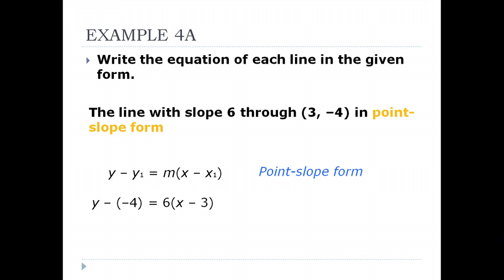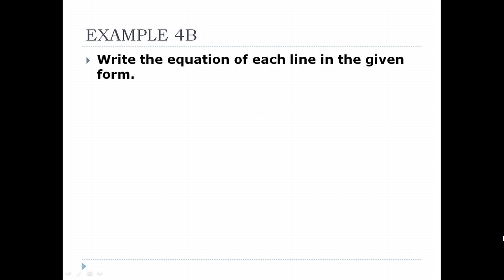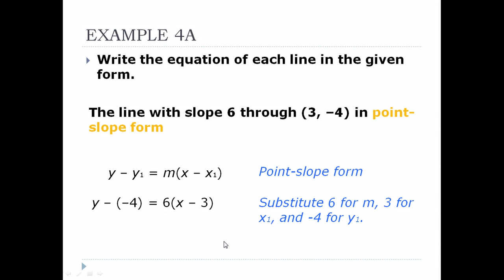We have -4 for y1, 6 for slope, and 3 for x1. We can simplify a bit and have y plus 4 equals 6 times x minus 3, but we can leave it with a double negative.